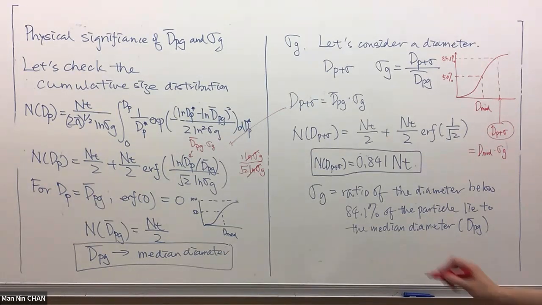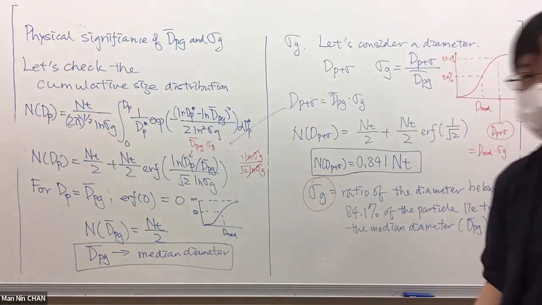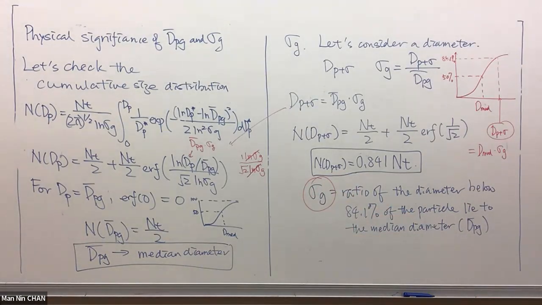Therefore this sigma g we also give a name, the geometric standard deviation.